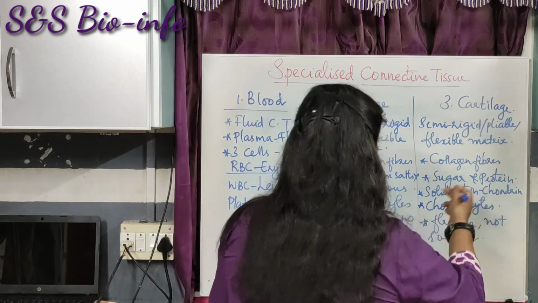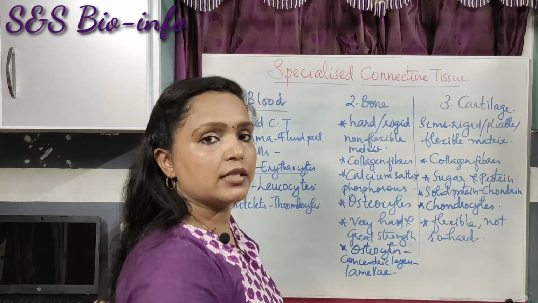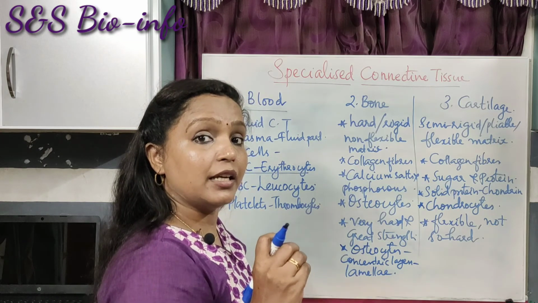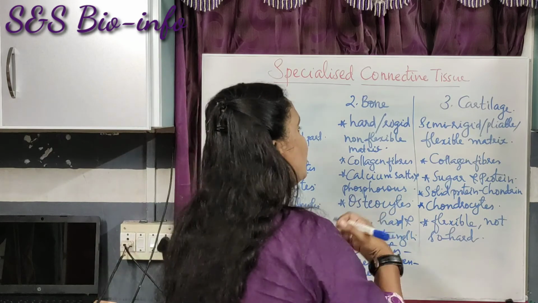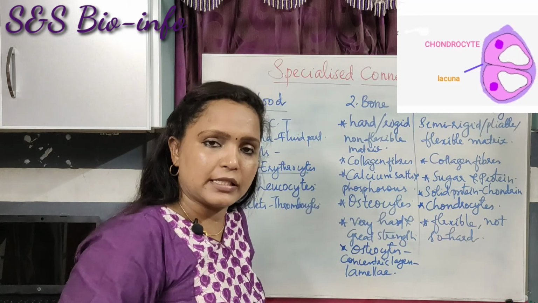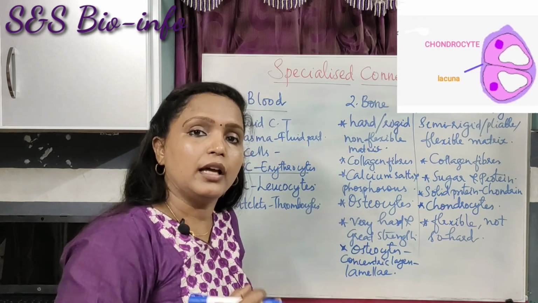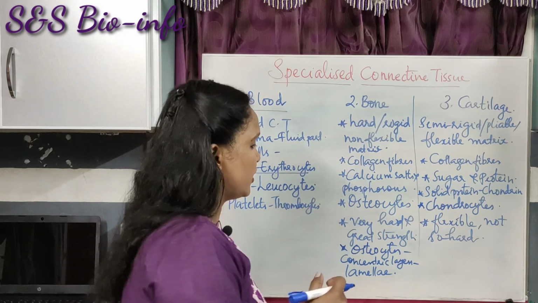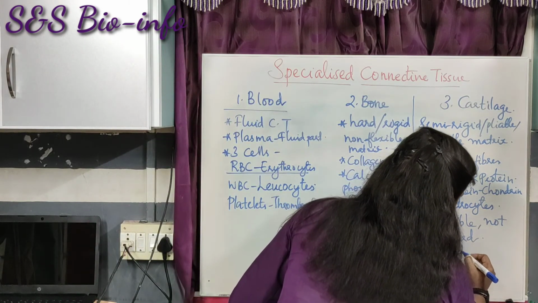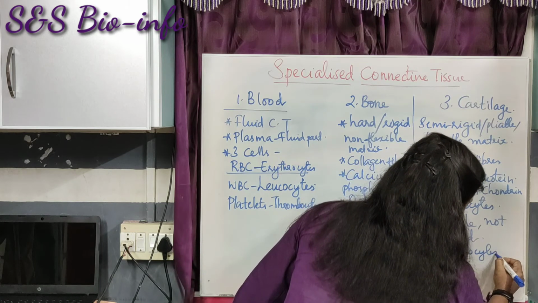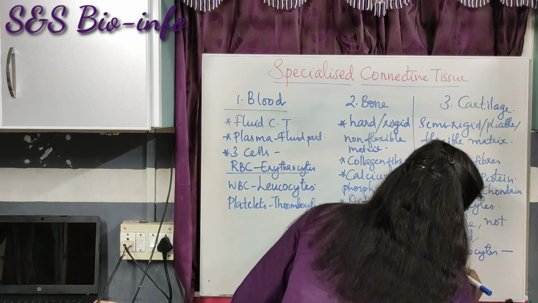While the cartilaginous cells, the chondrocytes, are present in specific fluid-filled sacs called lacunae. Two or three chondrocytes are present in the fluid-filled lacunae in the matrix.